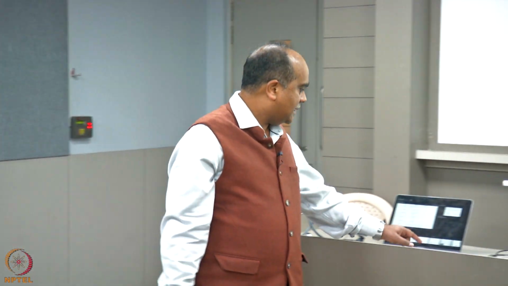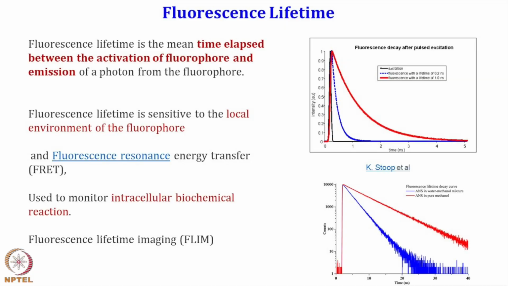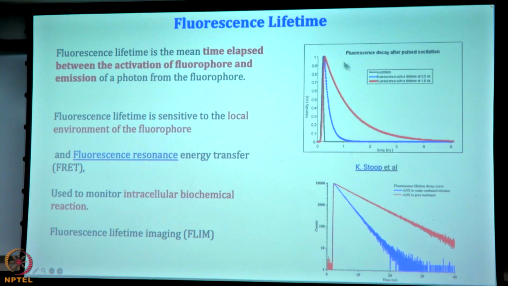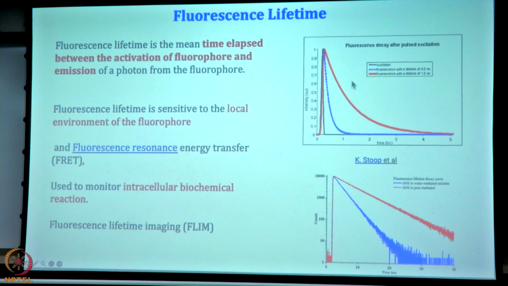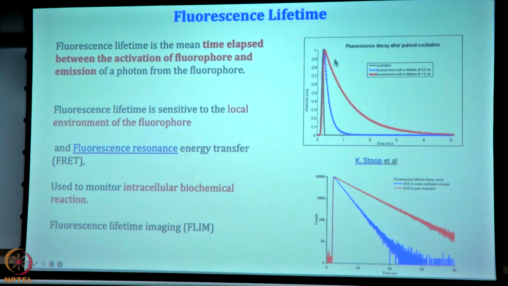I mentioned that it is a rate of decay. It can decay faster or it can decay slower, right. Here, if you look, is a fluorescence with a lifetime of 0.2 nanosecond, a fast decay, and here the lifetime is 1 nanosecond, a slow decay.